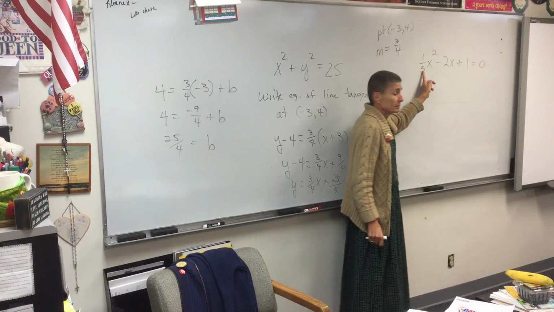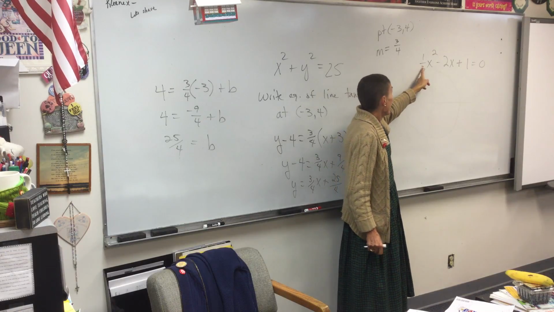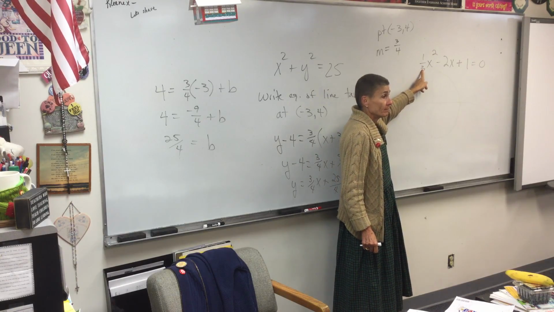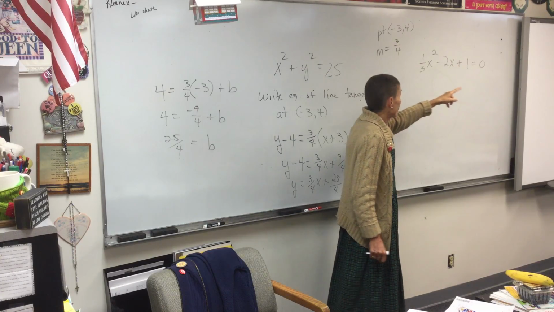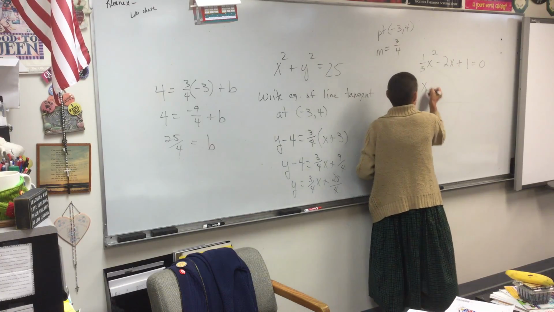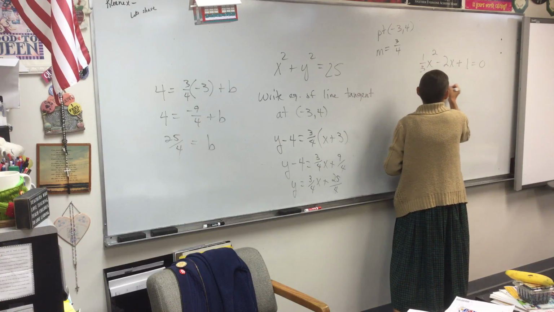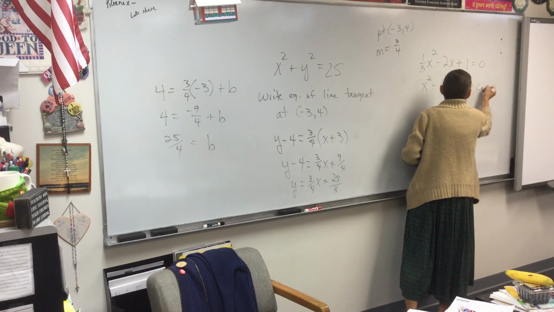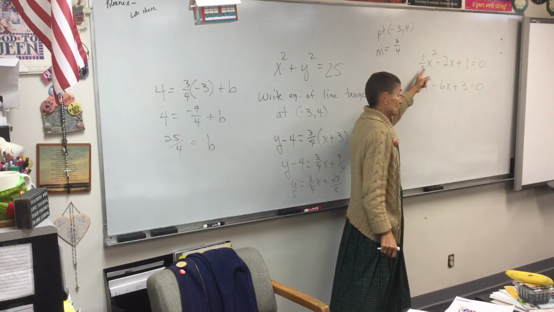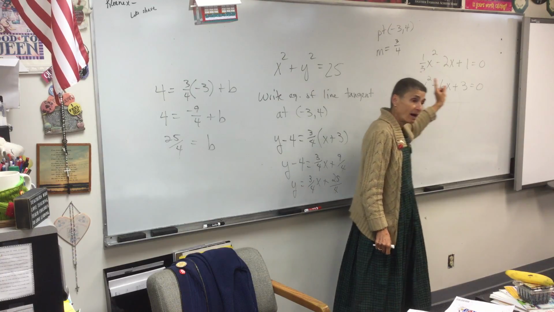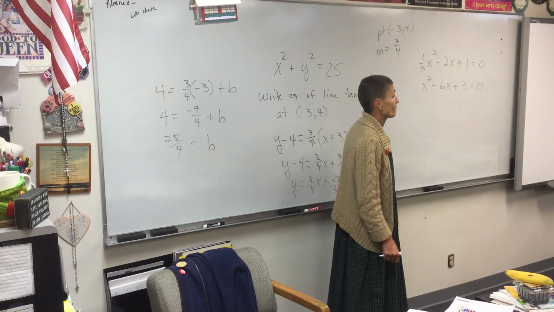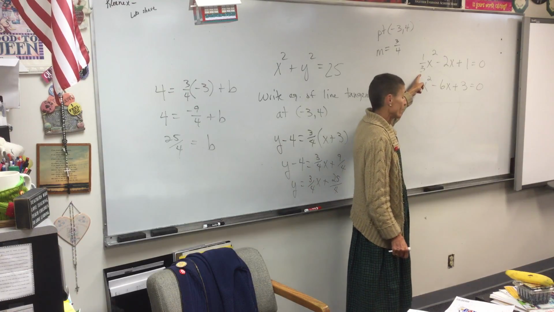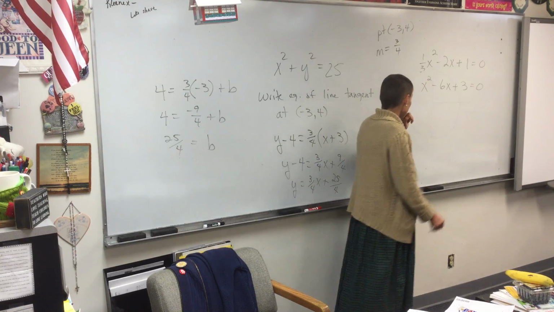However, in order to complete the square, this has to be a 1. So in this problem, if I'm going to complete the square, the first thing I'm going to have to do is multiply everything by 3. If there had been a 2 there, I would divide everything by 2. If you're completing the square, that has to be a 1. So you do whatever you have to do to make it a 1.